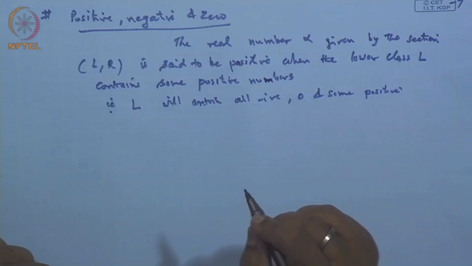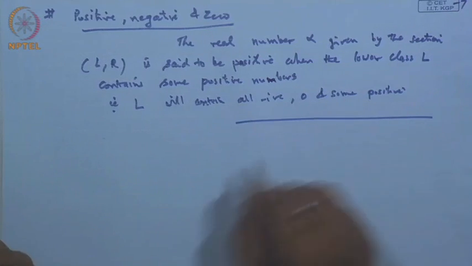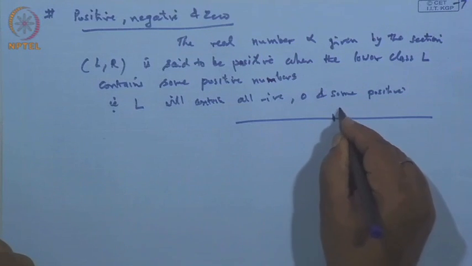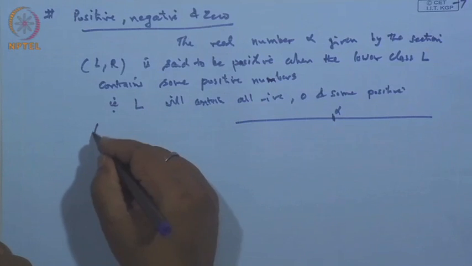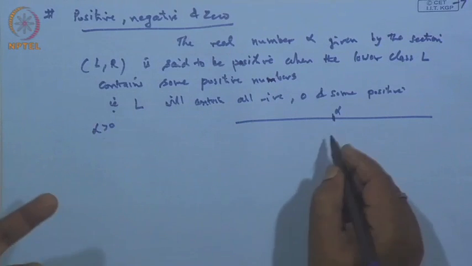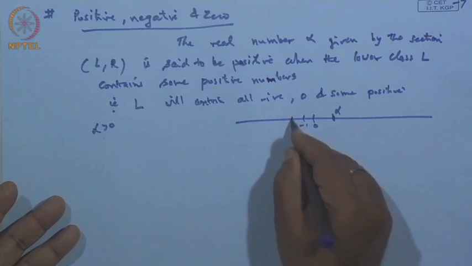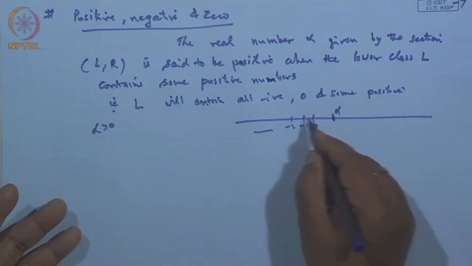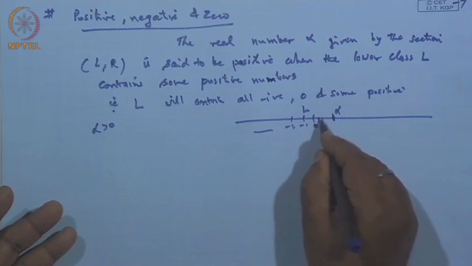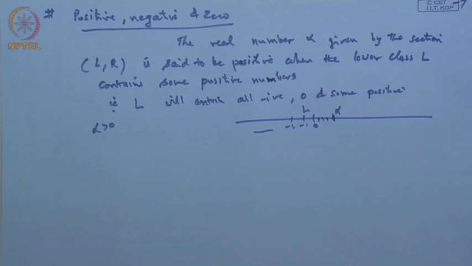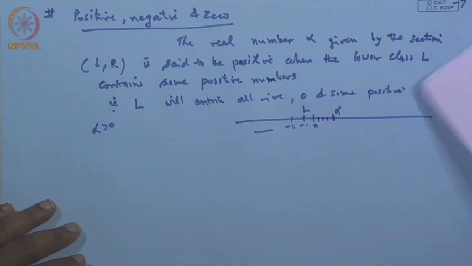If this is a line, then a number alpha will be positive if it is greater than 0. So, here it is 0 and the rest are minus 1, minus 2, etcetera. This lower class must contain some positive numbers, then only alpha will be treated as positive, greater than 0.